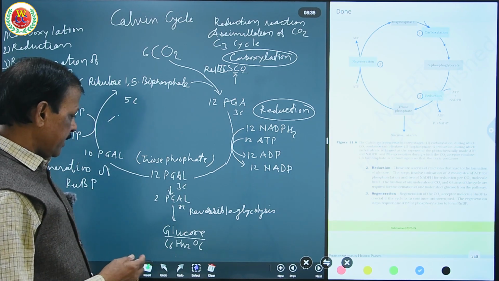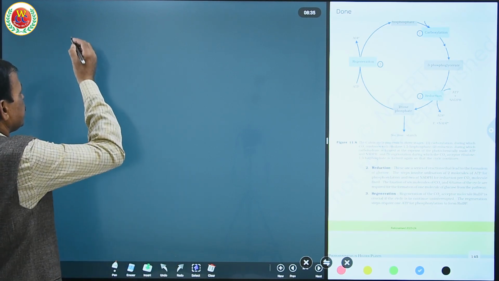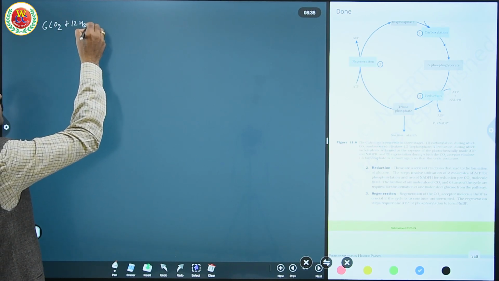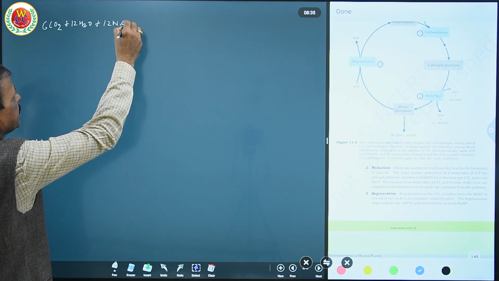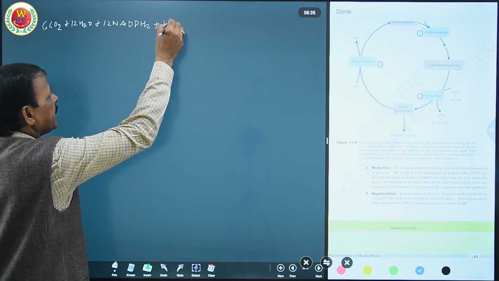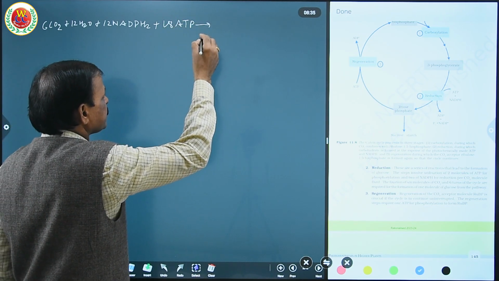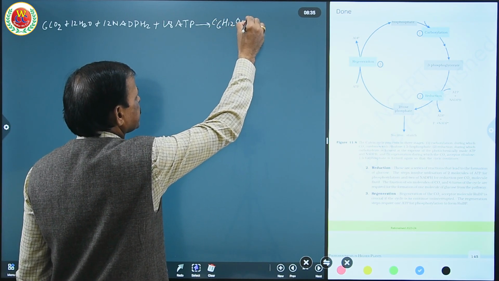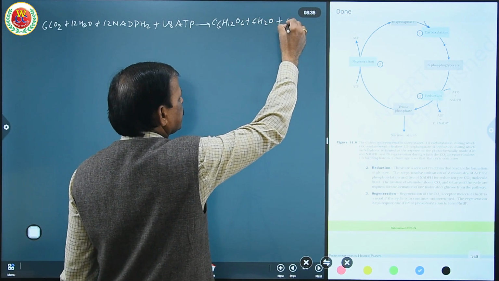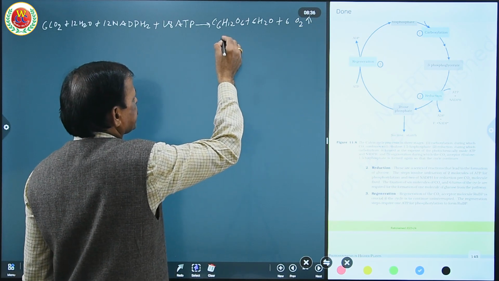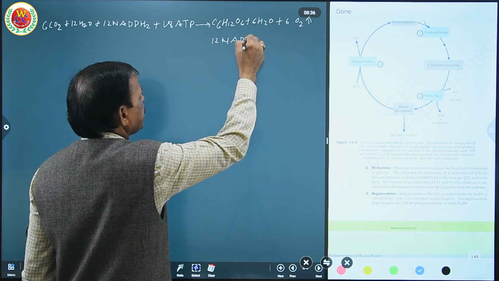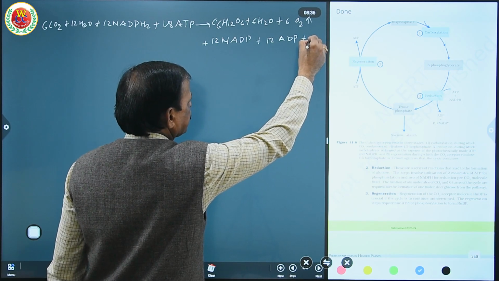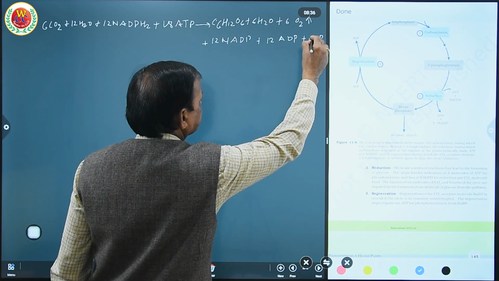Therefore, the equation can be written as 6 CO2 plus 12 H2O plus 12 NADPH2 plus 18 ATP to produce C6H12O6 plus 6 H2O plus 6 O2 plus 12 NADP plus 12 ADP plus 12 molecules of inorganic phosphate become free.